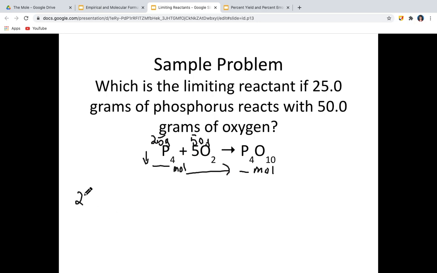So setting up this conversion factor, we've got 25 grams of P4.